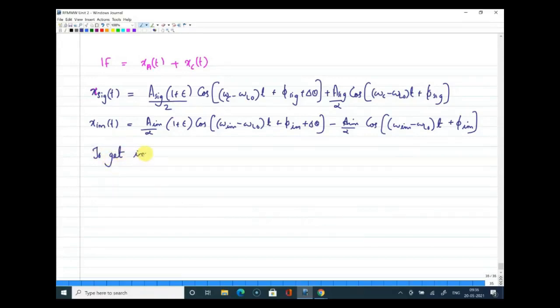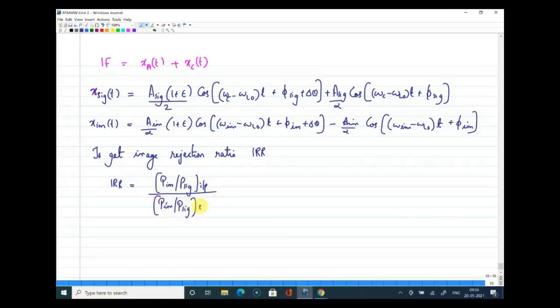So to get the image rejection ratio, say we call it as IRR, image rejection ratio can be written as usual: we will see how much is the image power to signal power at the input, divided by the image power to signal power at the output, right?